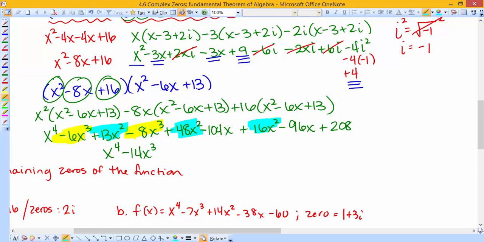I really hope I don't have a mistake in here somewhere, because that would really suck. Plus 77x squared. Now I'm going to look at my x's. Negative 104 minus 96. And I get negative 200.